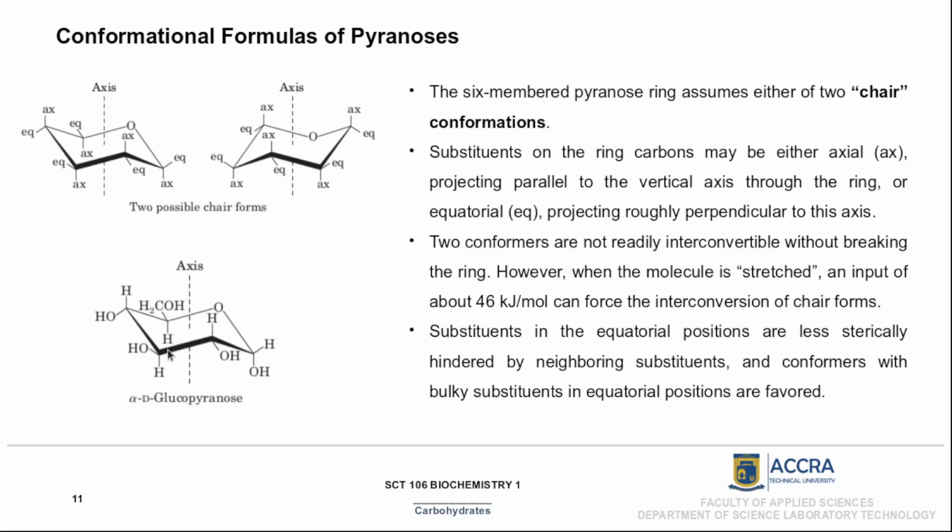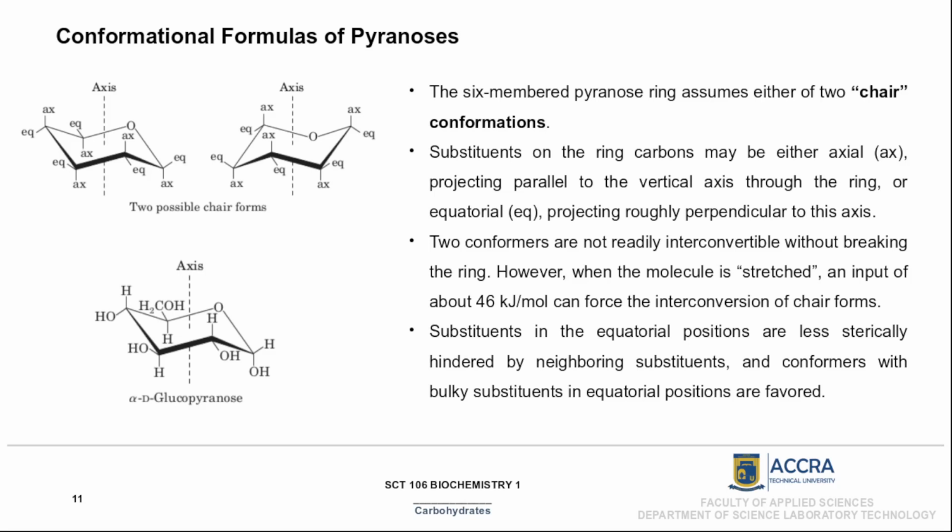And you see similar things happening with derivatives of monosaccharides. If you take derivatives of monosaccharides, which we will look at very soon, where some of the hydroxyl groups are replaced by bulkier groups than the hydroxyl group, those bulky groups will prefer to occupy the equatorial positions rather than the axial positions.